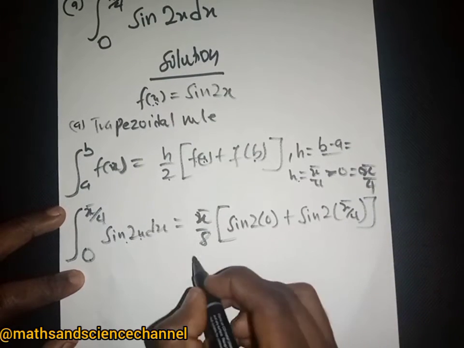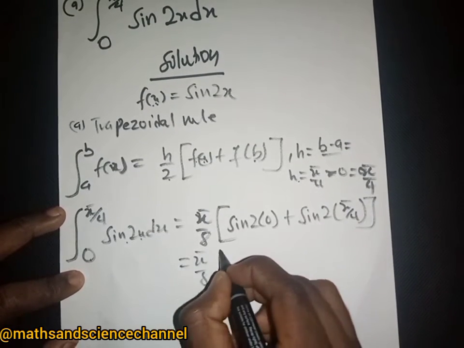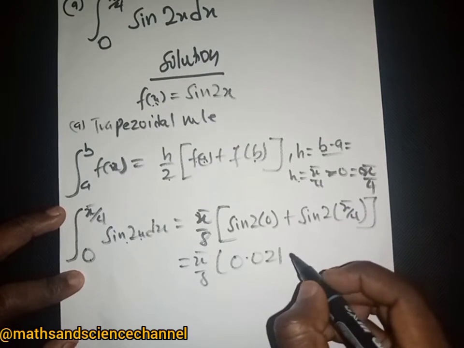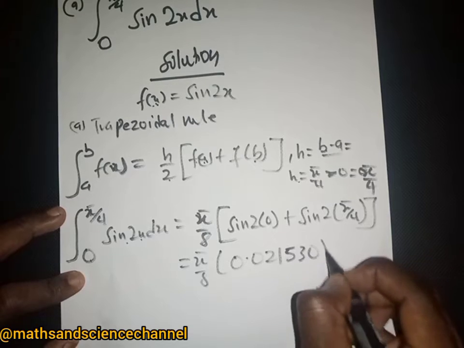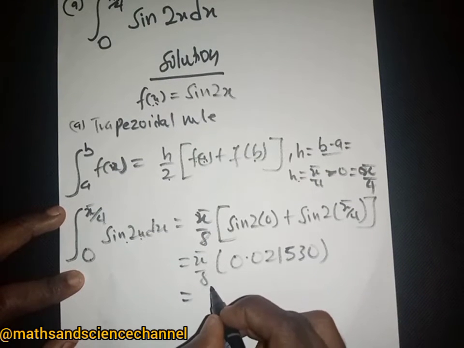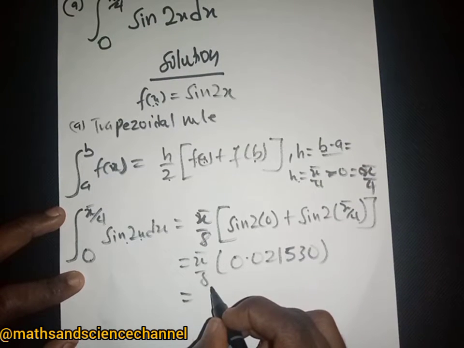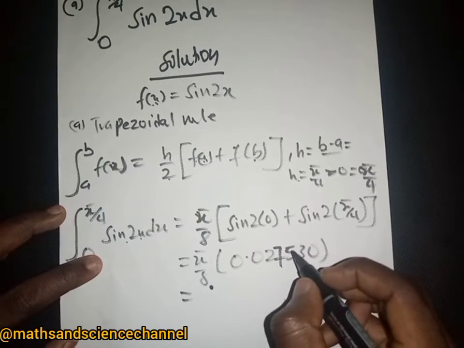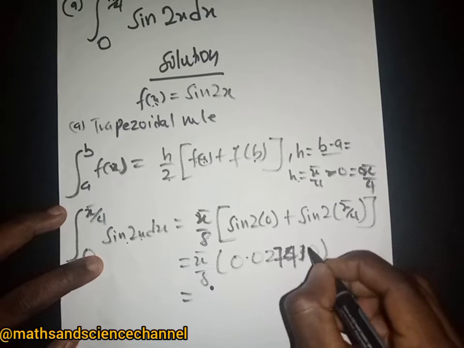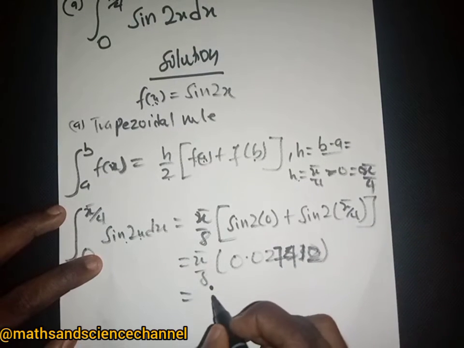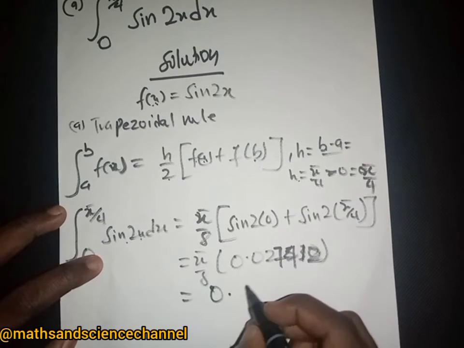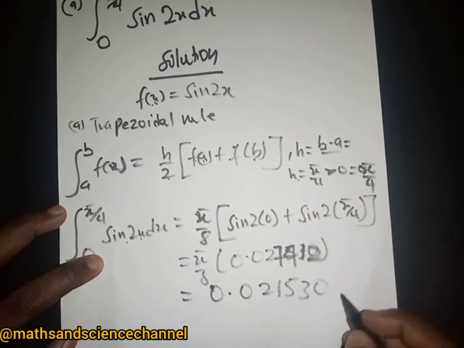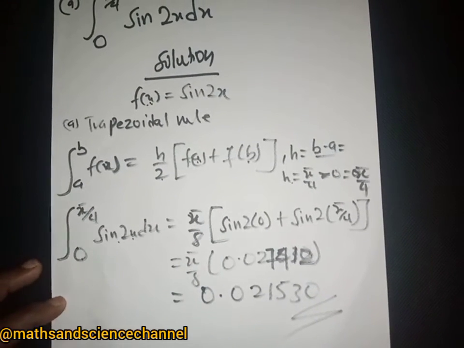When we sum this up and multiply, we are just going to get 0.021530. That will be for the trapezoidal rule.